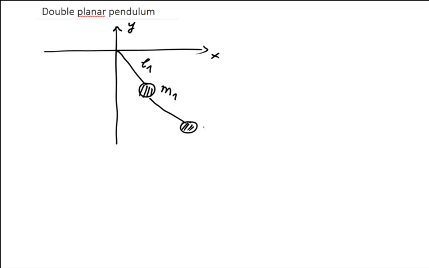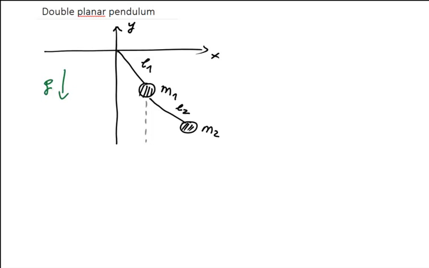So we have a generally different mass m2, which is connected, linked to the first mass by another rod of length L2. The masses experience gravitational acceleration, g, and the task is to describe the motion of this double pendulum.